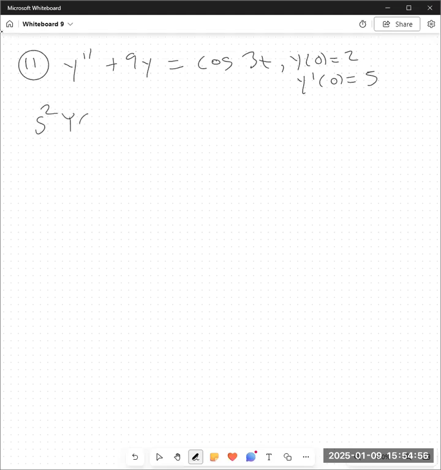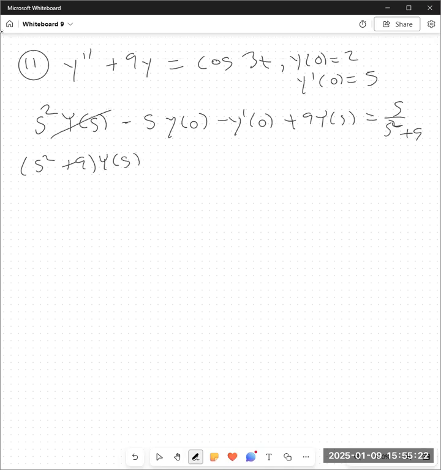So I have s squared capital Y of s minus s y of 0 minus y prime of 0 plus 9 capital Y of s is equal to s over s squared plus 9. And we have s squared plus 9 capital Y of s minus 2s minus 5 is equal to s over s squared plus 9.